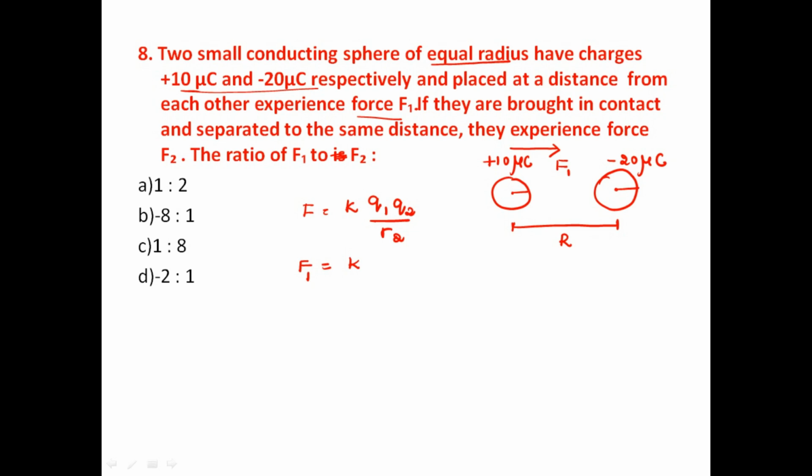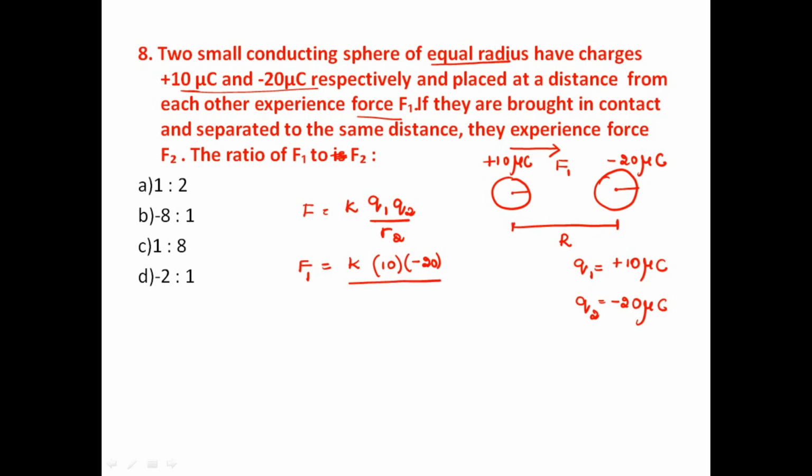What about Q1 and Q2? They are nothing but the charges. Q1 is plus 10 microcoulomb. Q2 is minus 20 microcoulomb. Right? So I am going to write the value of Q1 as plus 10, Q2 as minus 20. What about r?